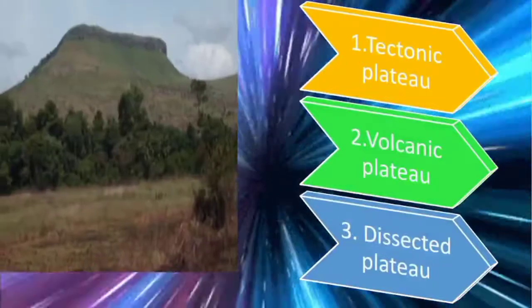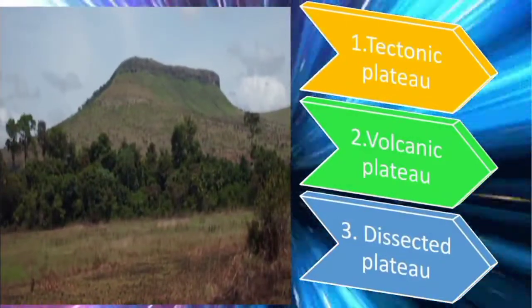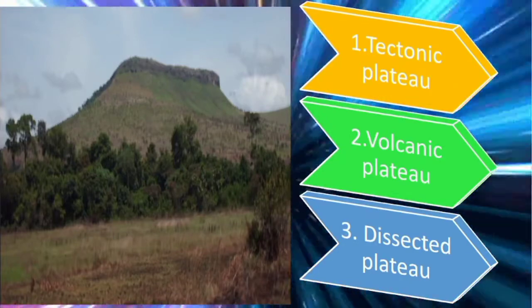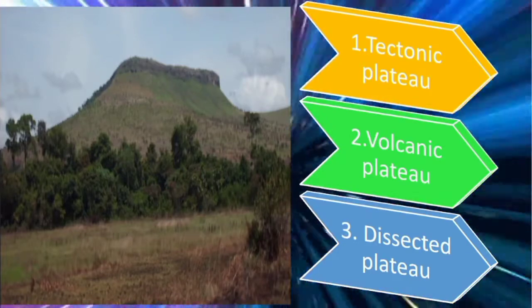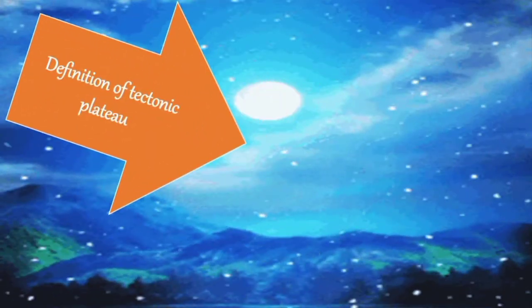We have three major types of plateau. We have the tectonic plateau, the volcanic plateau, and of course, the dissected plateau. Now we're going to talk on each of these types. The first one on the list is the tectonic plateau.